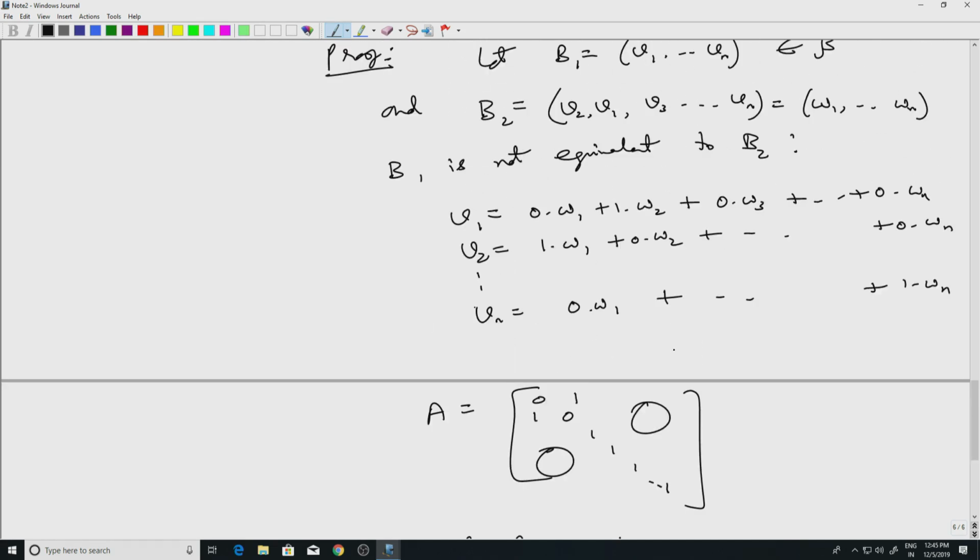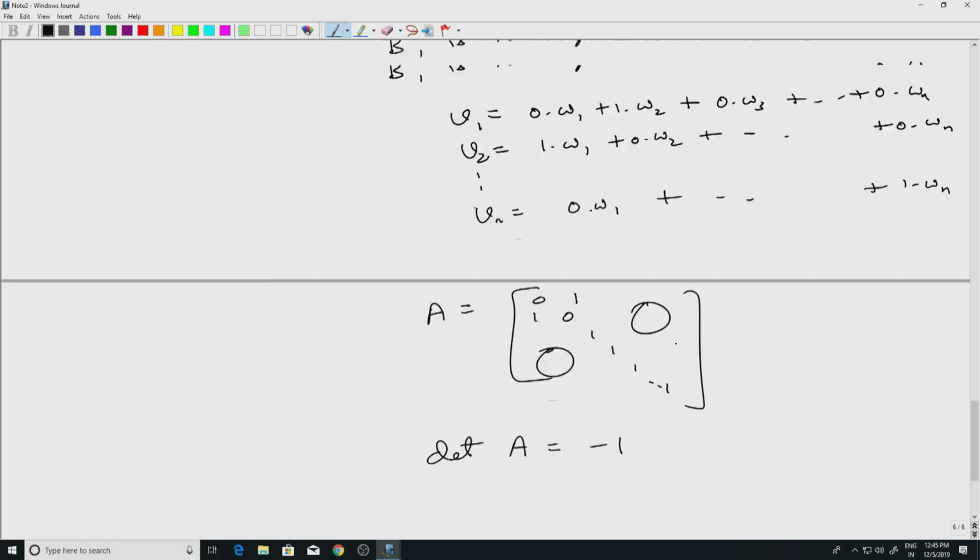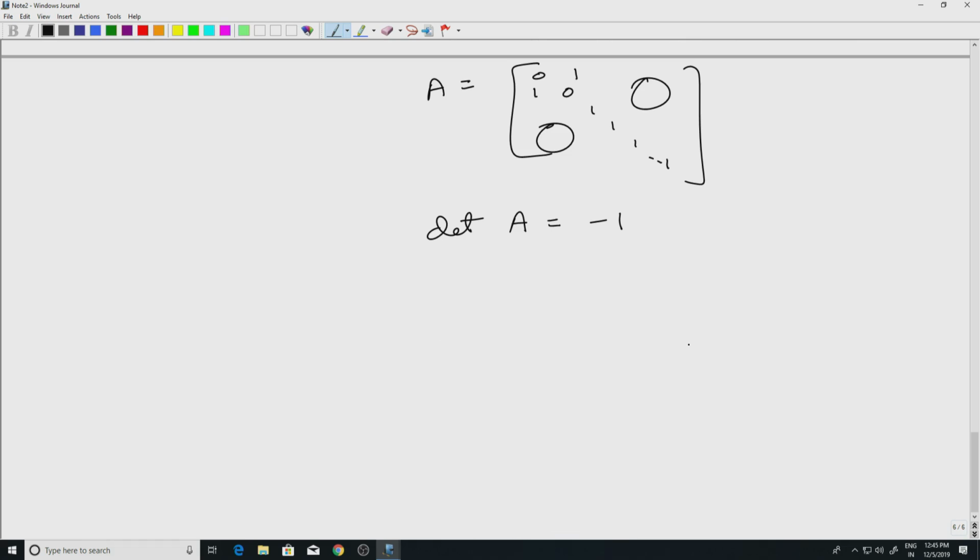And so B1 and B2 are not equivalent. Now anything else is equivalent to one of these two. And the reason is, let C equal, I'll take any other basis. Let me call it x1 up to xn in beta.